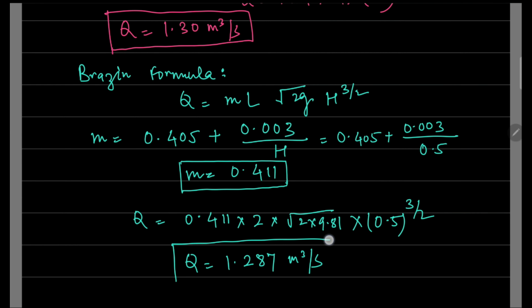This is the answer we are getting from the Bazin's formula, and this is the answer we are getting from the Francis formula. So these are very close. However, this M value is dependent upon the head. That's why this formula is somewhat different from the Francis formula. So this demonstration shows how to approach the estimation of the discharge over the rectangular weir. That's how it is used in the field.